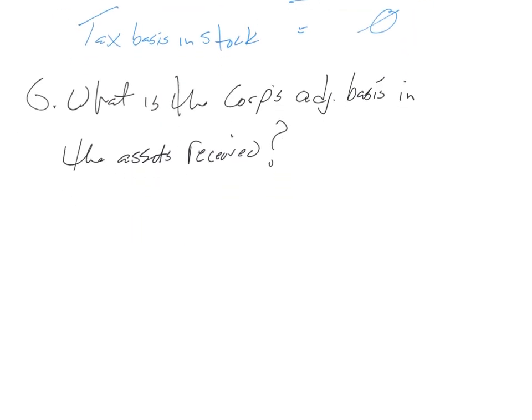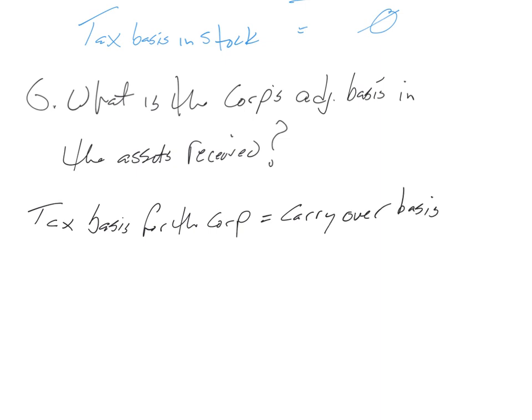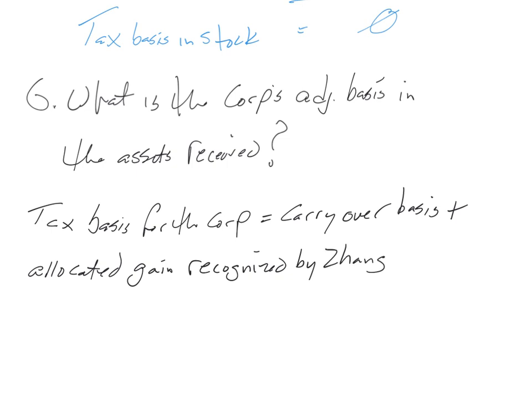So tax basis for the corporation equals carryover basis plus, all right, you have to allocate the gain recognized, plus the allocated gain recognized by Zhang in the transfer, okay?